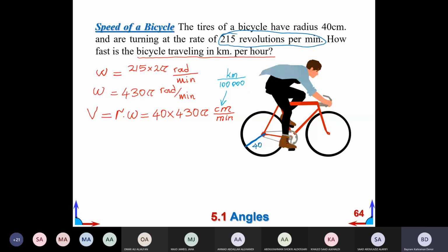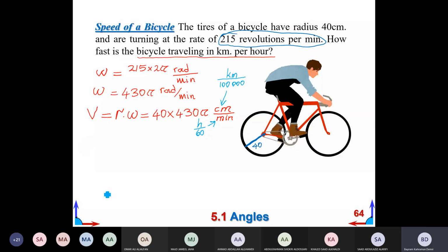Kilometer divided by 100,000 will be centimeter. Okay. How about minute, Shabab? Minute is hour over 60, right? Hour over 60 is the minute. Okay, let's put those things there.